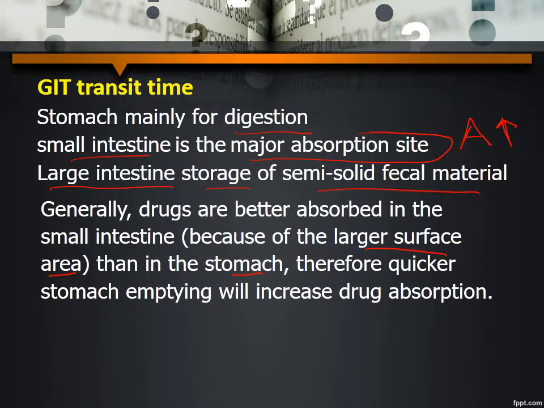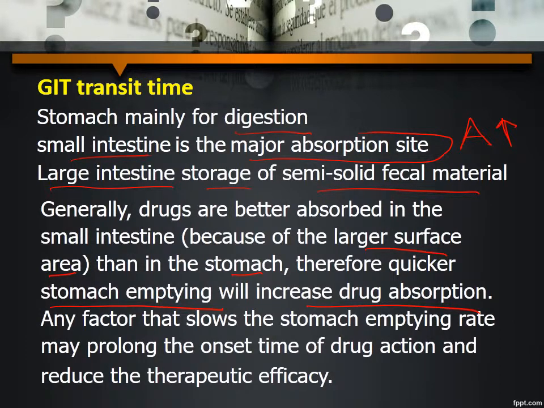Therefore, quicker stomach emptying time will increase drug absorption, as I have mentioned just now. So any factor that slows down the stomach emptying rate may prolong the onset of drug action and also reduce the therapeutic efficacy.